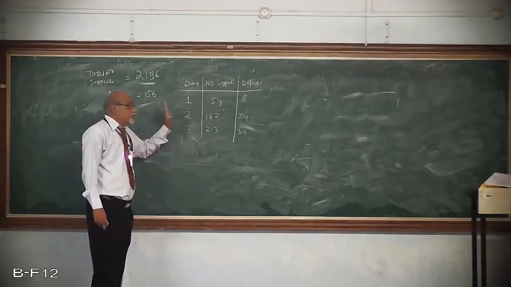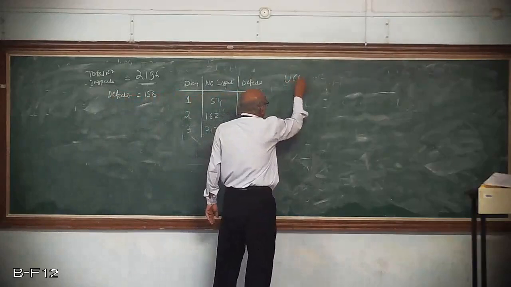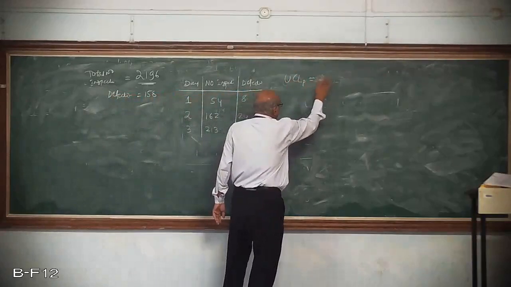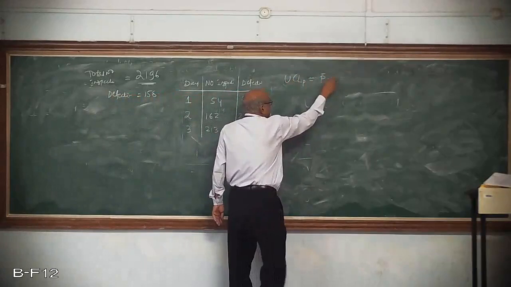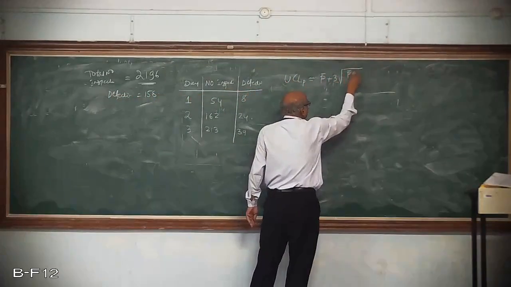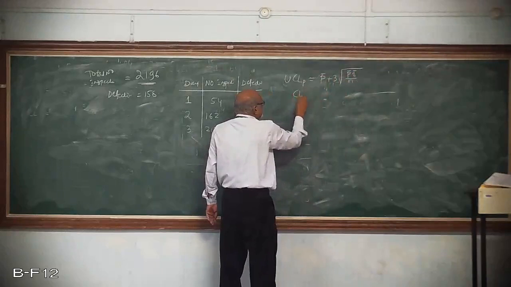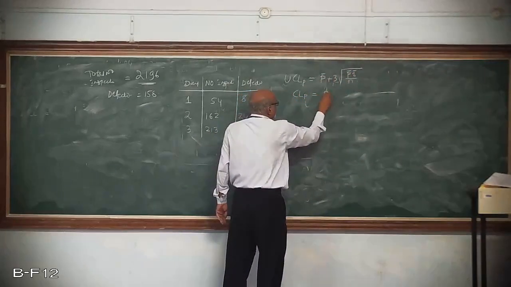Now, the upper control limit for the P chart, we know, is P bar plus 3 under root P bar Q bar divided by N. The central line is P bar.